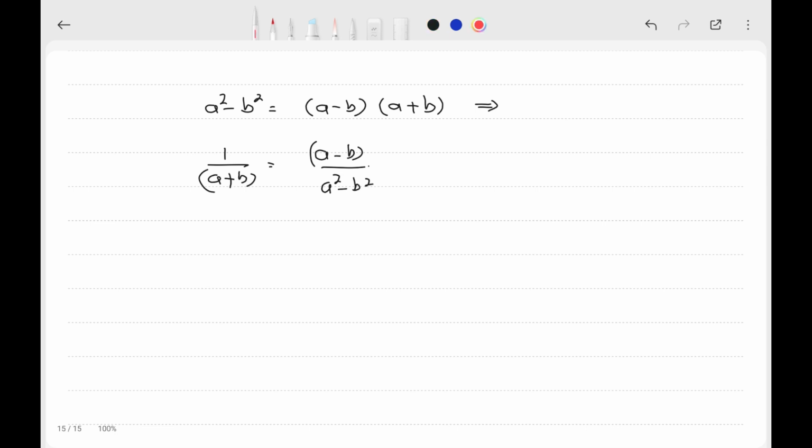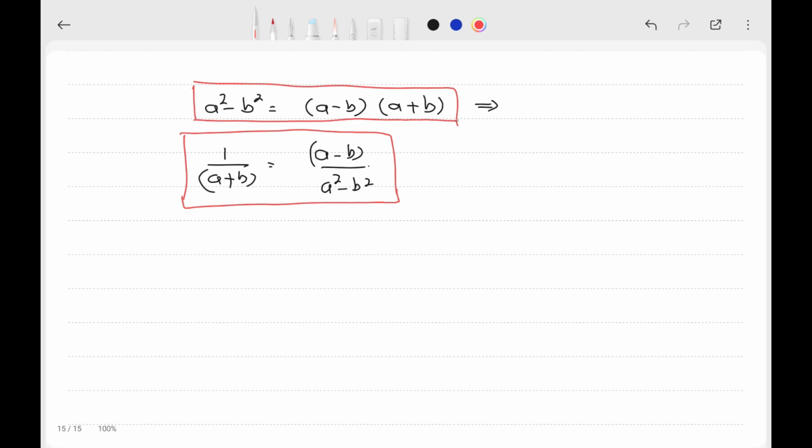Please remember this. Please remember this also, very important, because application of these only will come usually. 1 by a minus b is equal to a plus b by a square minus b square.